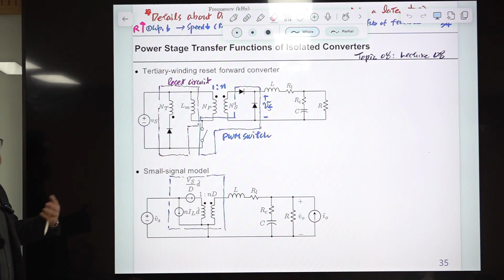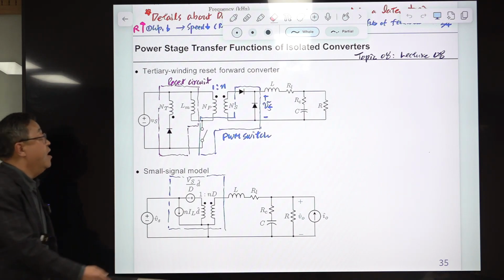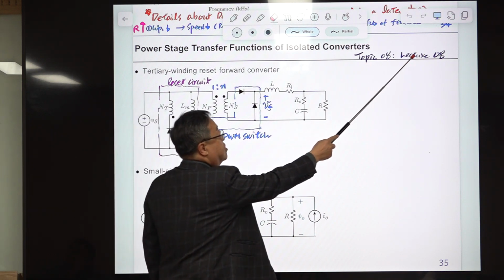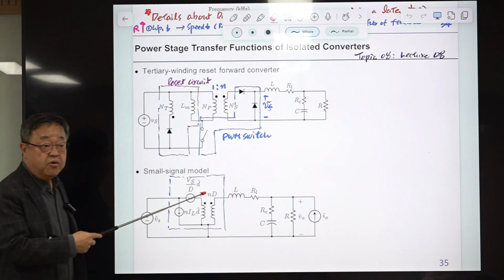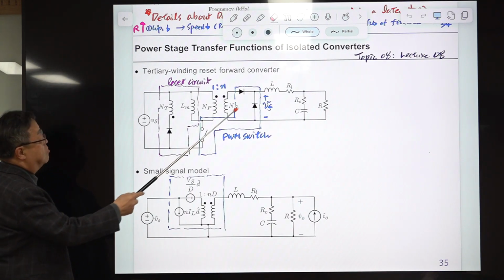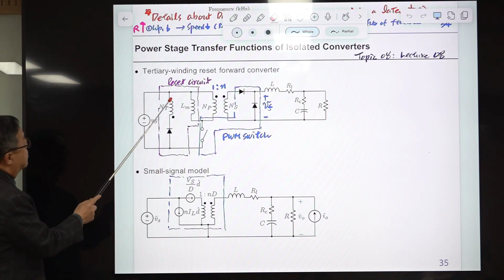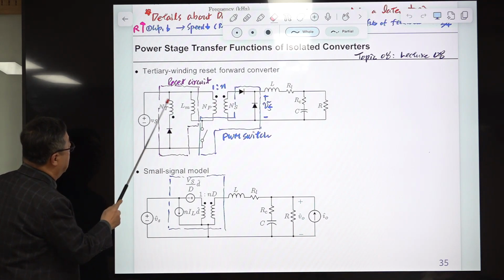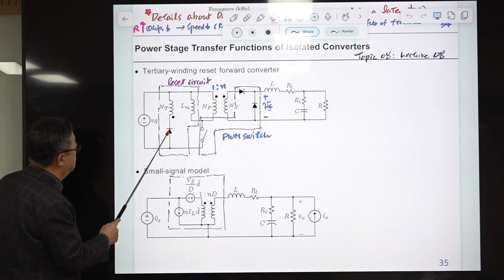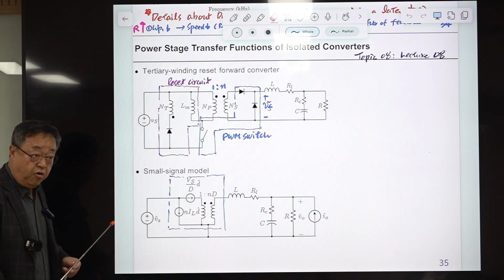Maybe you need some details about the topology of the PWM converter to understand everything, and then you can go back to this lecture video, where everything is there. Assume you have some background on this. This is the magnetizing inductance of the transformer, and the winding NT and the diode are applied just to reset the transformer.